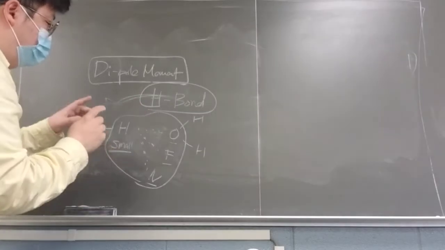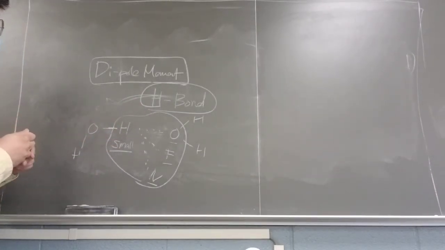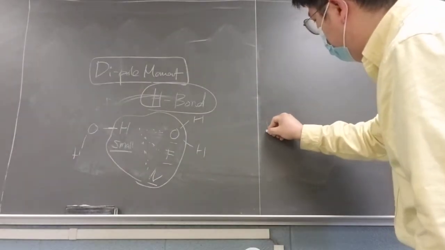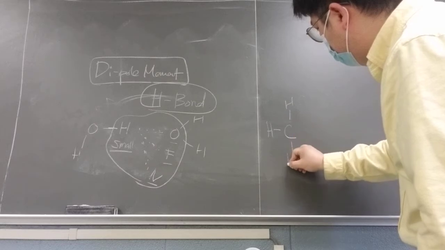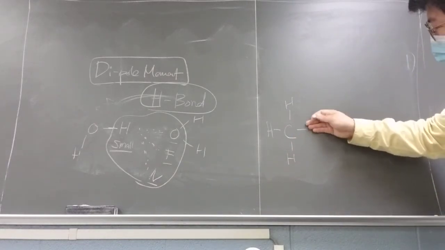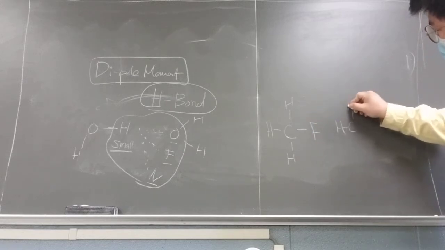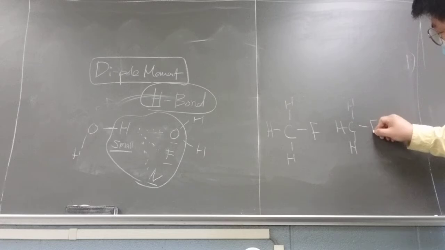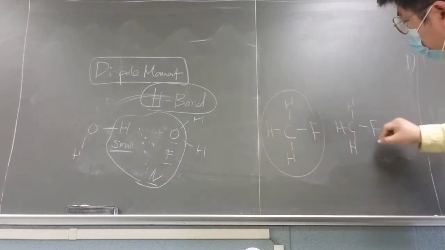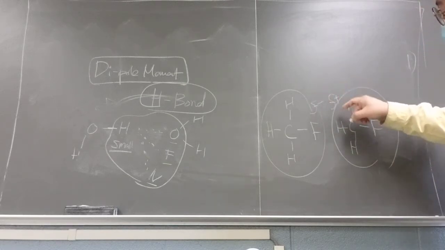That's why. But one more thing that I want you to remember is this type of case. So if I give you this one and this one, okay? Once again, this part will be slightly negative. This is slightly positive, right?